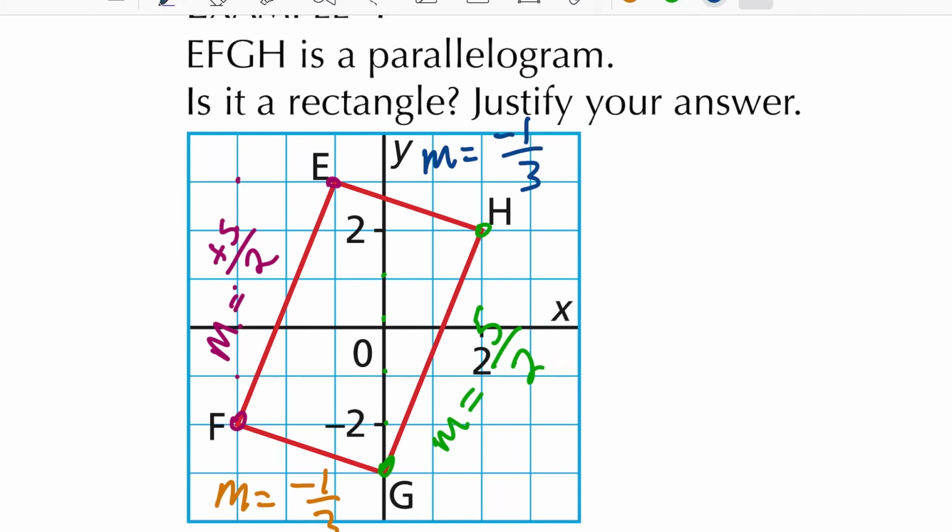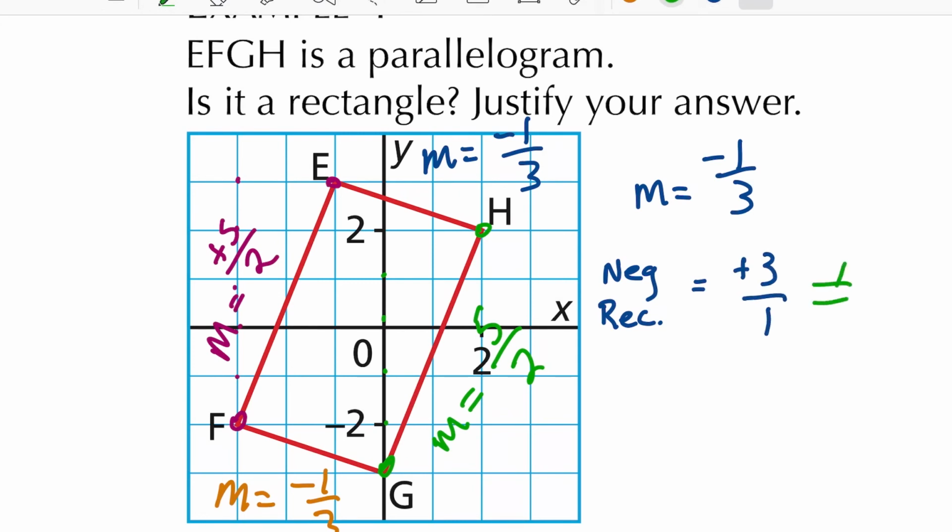So let's look. M is equal to -1 over 3. And the negative reciprocal of this is equal to +3 over 1. And +3 over 1 does not equal 5 over 2. Those are two different numbers.